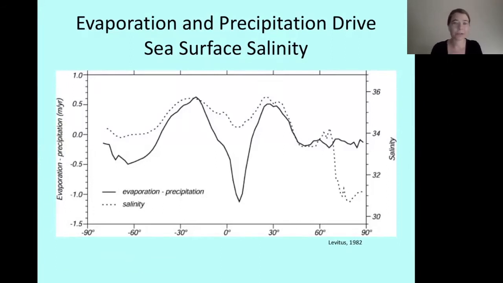So, as I said, sodium and chloride aren't doing too much in the ocean. They aren't reacting. So one of the main processes that does determine their concentrations in the water is just evaporation and precipitation. If we look at this plot that's showing sea surface salinity along latitudes, we can see that right at the equator, where there is less evaporation and more precipitation, we get a dip in salinity, but that on either side of the equator, around 30 degrees north and south, you get a peak in salinity because evaporation is greater than precipitation in those regions of the world.